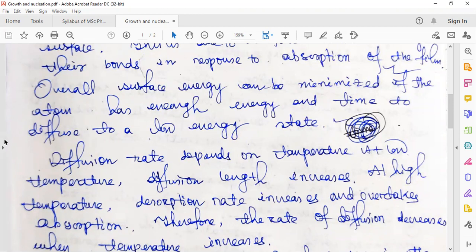These atoms which are incident on the surface have enough energy and time. If they have enough energy and time, then what will happen? The surface energy is minimized if the atom has enough energy and time to diffuse to low energy states. Let me draw again.